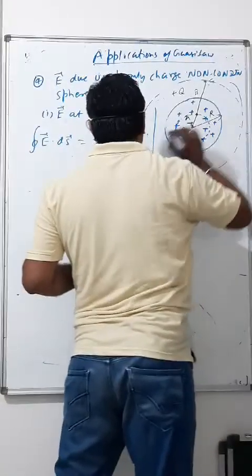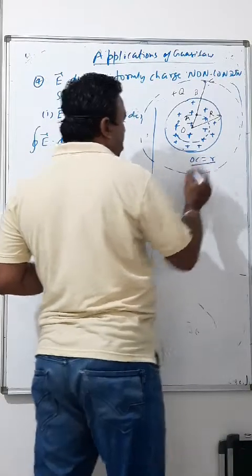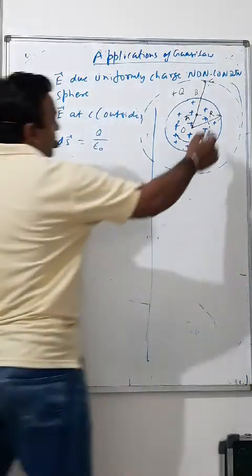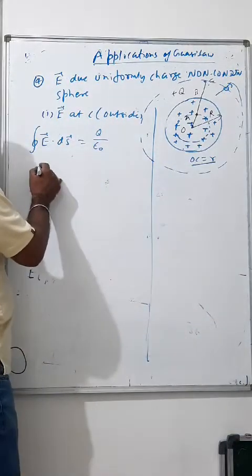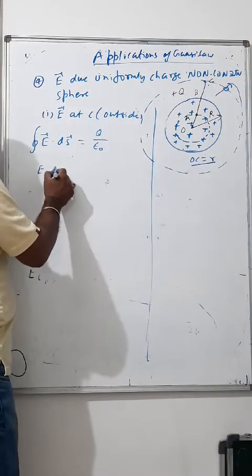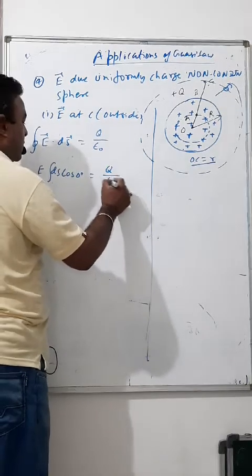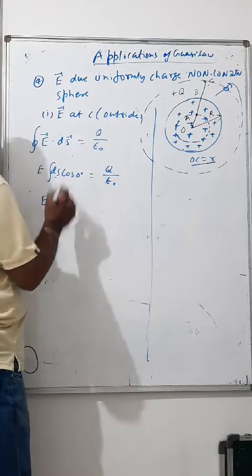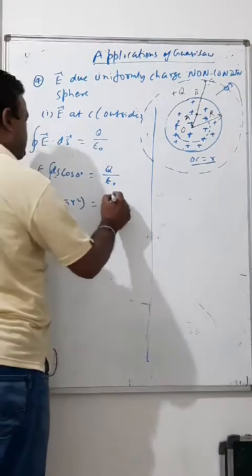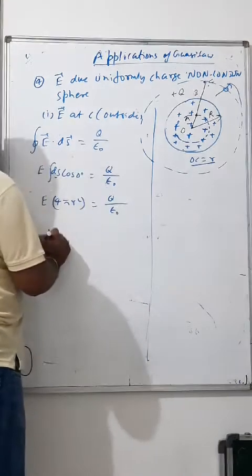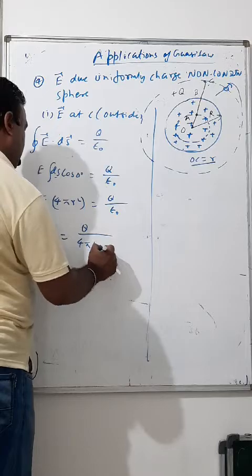If I take OC equal to R, then at each point the direction of E and the area vector is the same, so it is E ds cos 0. Q by epsilon naught, area 4 pi r square. E is equal to Q by 4 pi epsilon naught r square.